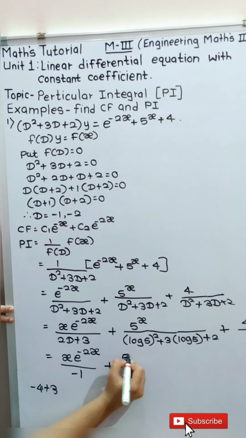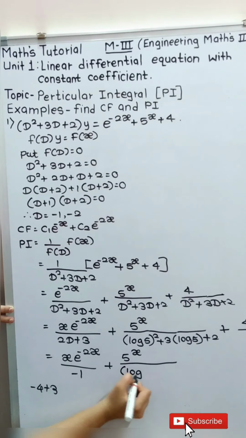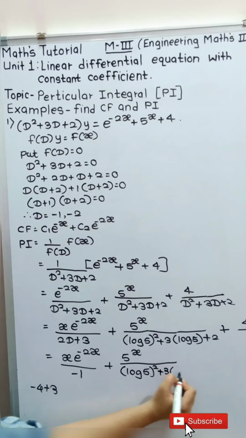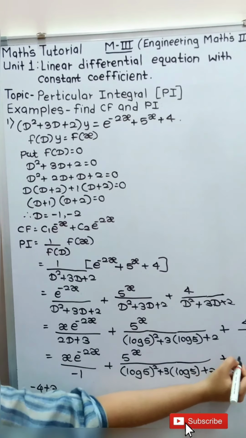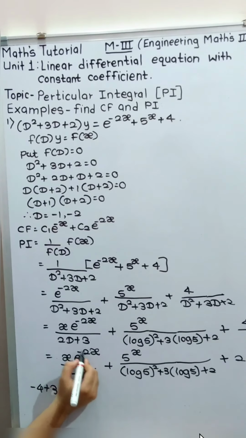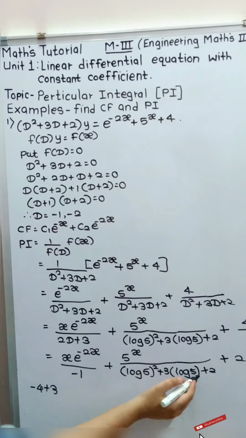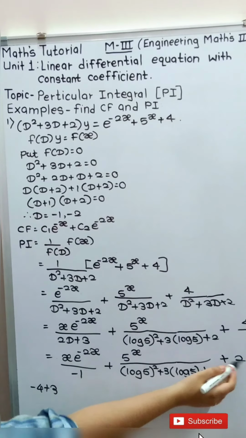Plus 5 raised to x upon (log of 5) square plus 3 into log of 5 plus 2, and 4 upon 2 means 2. Therefore, minus x e raised to minus 2x plus 5 raised to x upon (log of 5) square plus 3 log of 5 plus 2, plus 2.